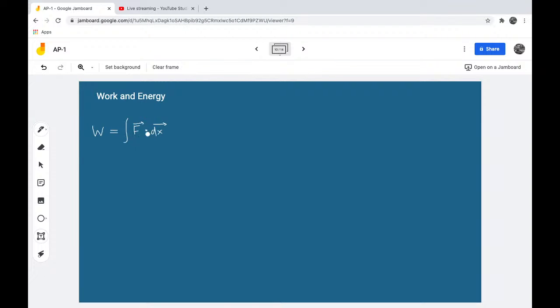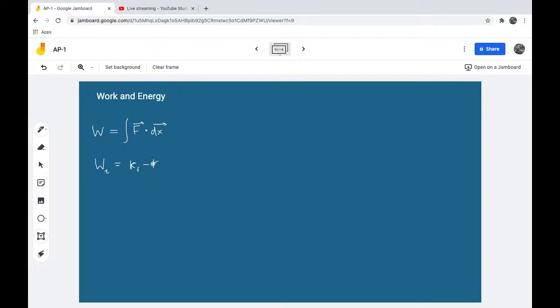Now whenever work is done on a body, we can always write down a work kinetic energy theorem. What is the work kinetic energy theorem? That says that the total work done by different sources on a body, or I'll simply write WT, has to be equal to the final kinetic energy minus the initial kinetic energy.